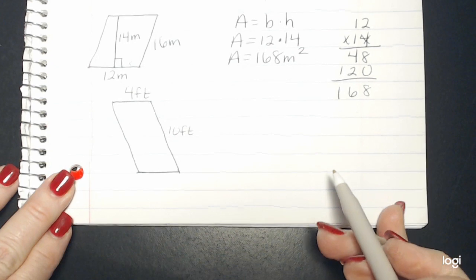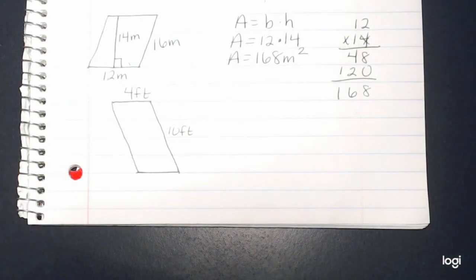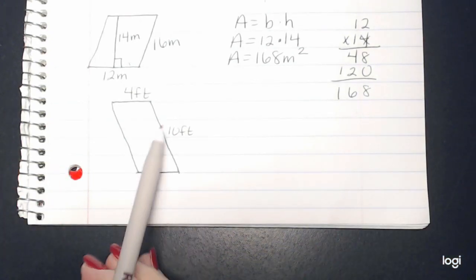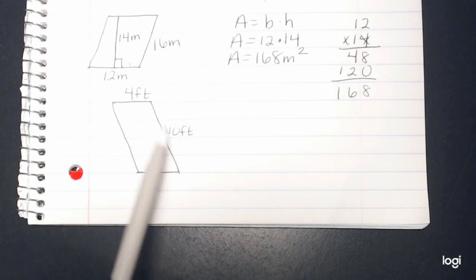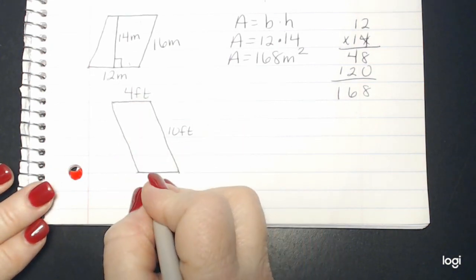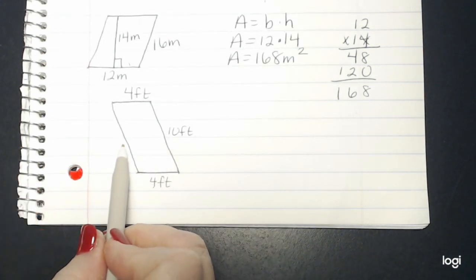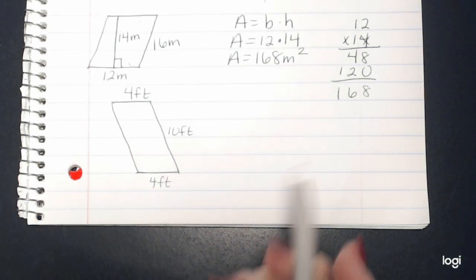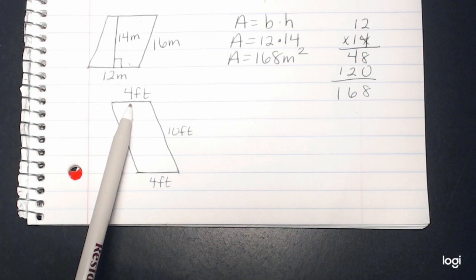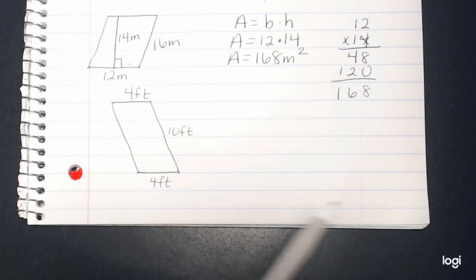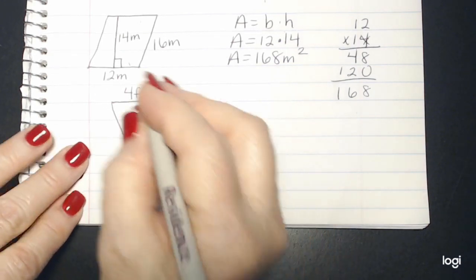Once again, I have not given you enough information. The information I've given to you is 4 feet. These two would both be 4 feet, and these two would be the same, but I don't want a diagonal. I need the height. So somehow I need to have a line that goes from the top to the bottom. Sometimes your book will show you this.